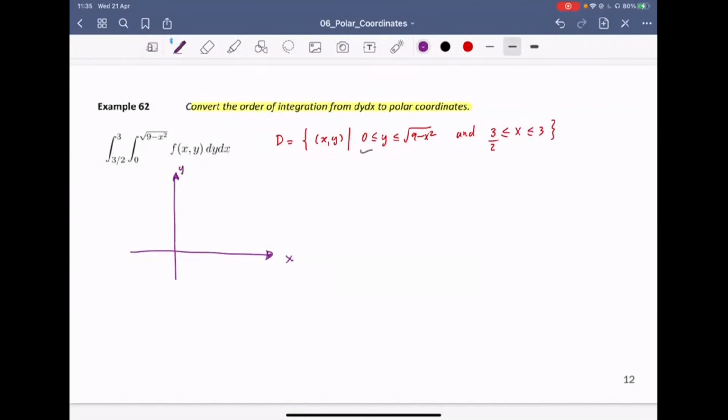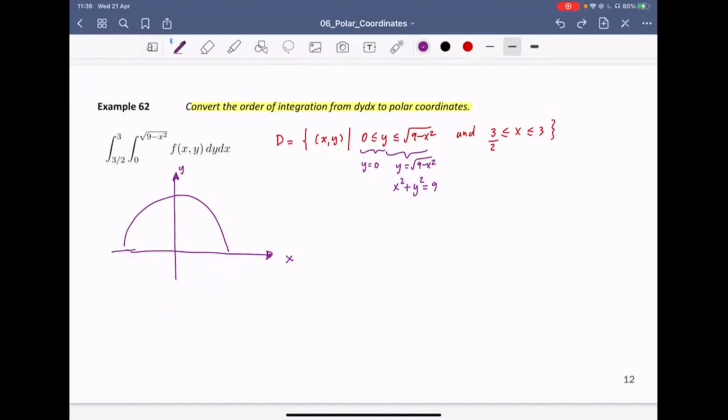All right, y and x. So y equal to 0, you know it. And then y equal to square root of 9 minus x squared. This looks like a circle with radius 3. We're going to draw a circle with radius 3. Good. But actually we only need the top part, because this is just y equal to square root of 9 minus x squared.